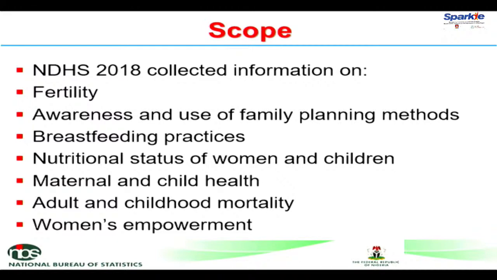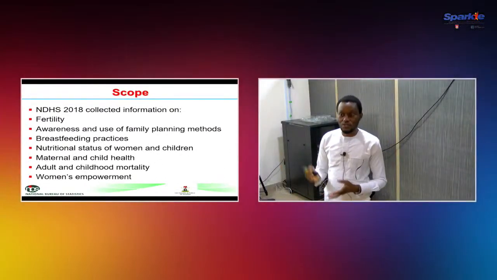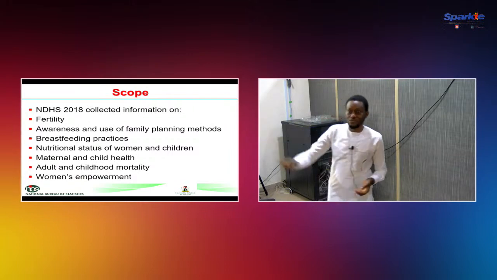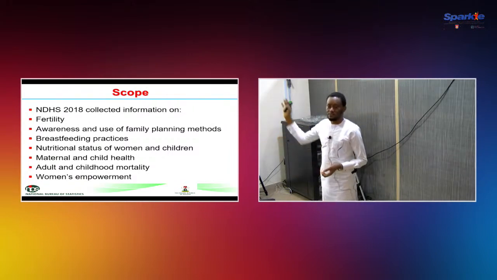Why all these are laid out is so that when you are looking at NDHS for your research, you can understand the scope, what exactly you can find from NDHS. You don't have to snap, the slides are going to be given to everyone.